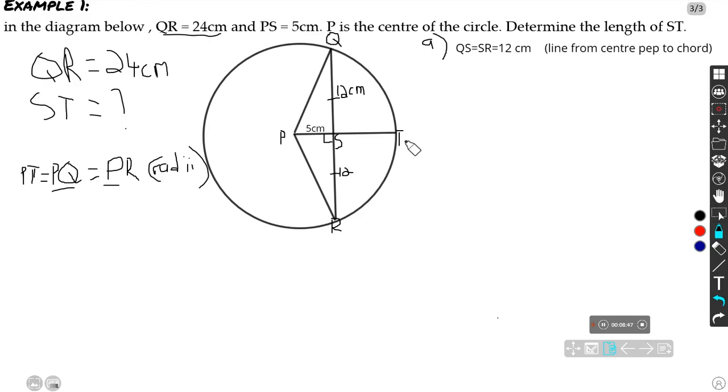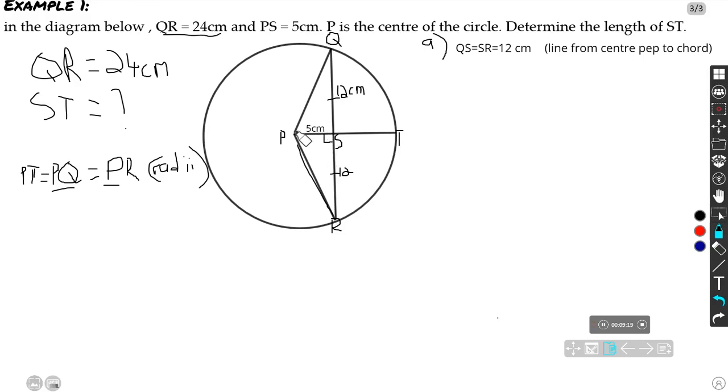No, we can't. But since PQ is equal to PT is equal to PR, if we find side PQ or PR, we will be able to find PT, because all of these sides are radii. And what do you know about radii? They are equal in length.